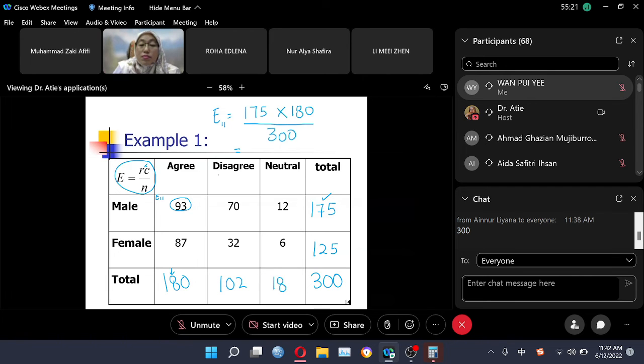It will be 105. 105. Is it no decimal point? Exact number? Yes. Okay. So for the E values, I would like you to write it in brackets, for example 105.0 in brackets under the observed number. So this is your O, this is your E.